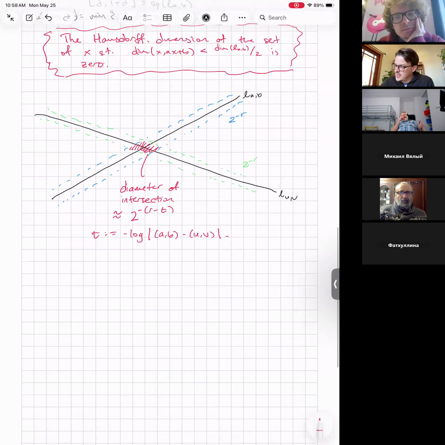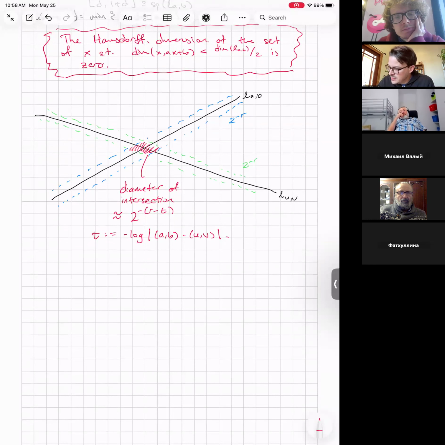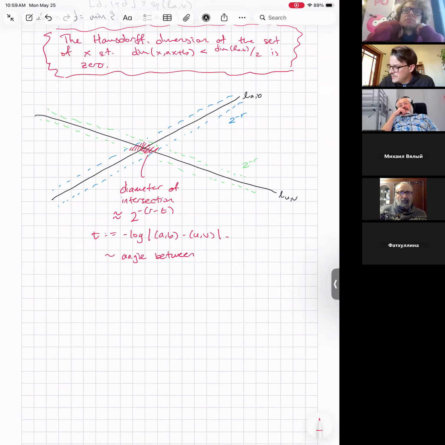This quantity can be interpreted in 2 ways. This is the angle between the 2 lines, and it's also the number of initial bits AB and UV share.